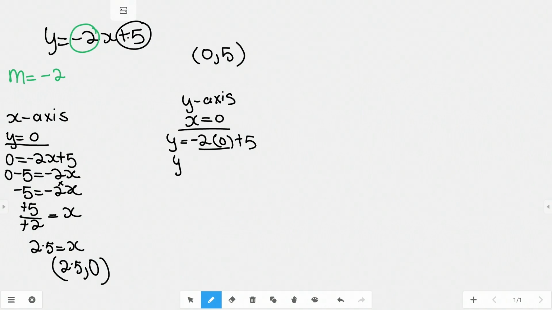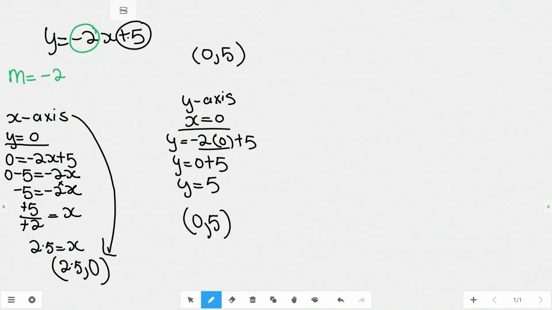So we're left with y is equal to 0 plus 5. y is equal to 5. So again, x is 0 and y is 5. So 2.5, 0 is where it cuts the x-axis, and 0, 5 is where it cuts the y-axis.